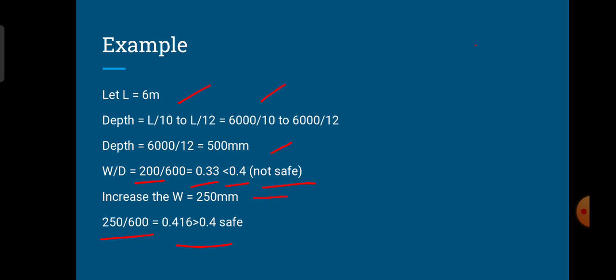There are two options. Either we increase the width of the beam to more than what we have taken initially, or we can decrease the depth which we have taken initially, which has to be within L by 10 to L by 12. So these are the conditions for the thumb rules as per IS codal provision for fixing the width and depth of the beam.